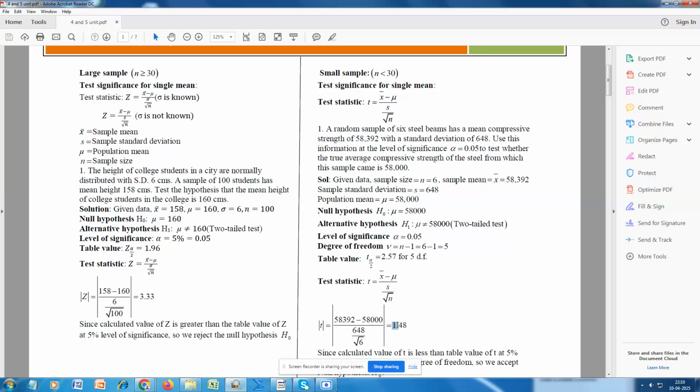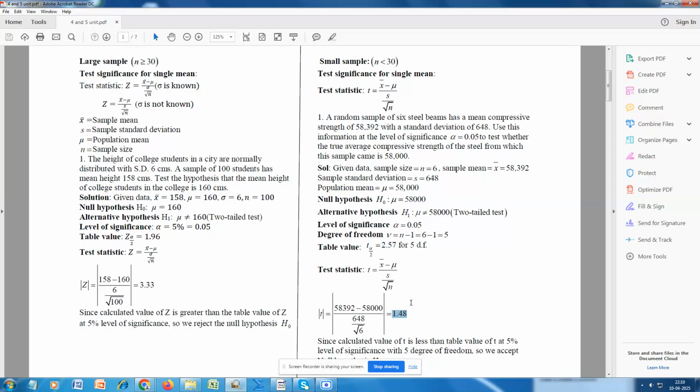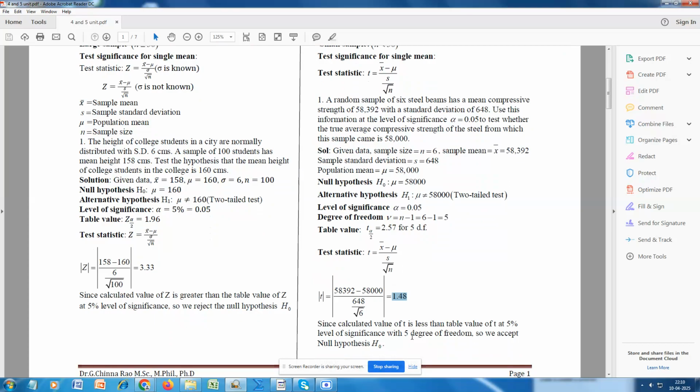So here the calculated value is less than the table value, so we accept the null hypothesis H naught. When the calculated value is less than the table value, we accept the null hypothesis H naught. When the calculated value is greater than the table value, we reject the null hypothesis H naught.